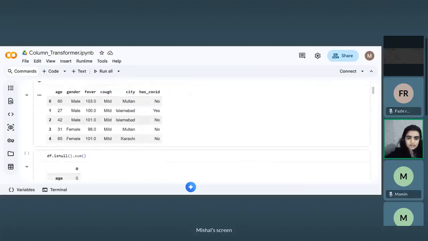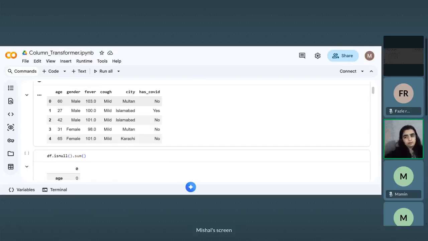Now this one column, the city column, is nominal in nature. There is no hierarchy. Cough, I think it has information on whether it is mild or a very strong cough. So there is some hierarchy in it, because the thing depends on whether the person will have COVID or not. If the person is not experiencing any sort of cough, maybe the person won't have COVID.